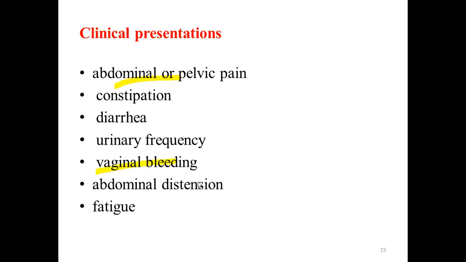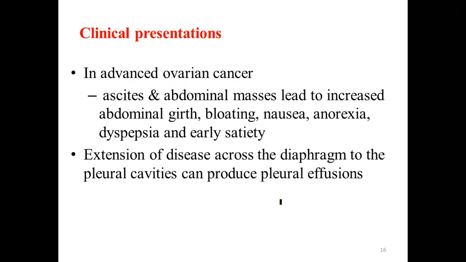Abdominal distension and fatigue are actually very common. So those are the symptoms that can happen in the advanced stage of the disease. In advanced stage, there is also a possibility of ascites and abdominal mass that can cause bloating, abdominal pain, nausea, anorexia, and early satiety.